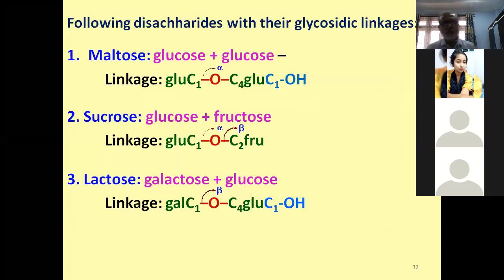Last time we started with glycosides. From there we have to take up these glycosides, disaccharides. Disaccharides are nothing but the glycosides of monosaccharides. That means here how glycoside is formed. We have seen glycosides can be of two types: O-glycoside and N-glycoside.